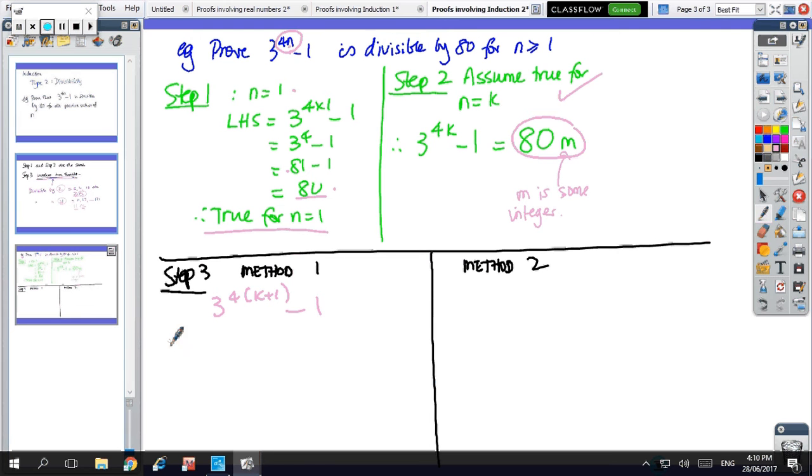So the next step is we've got index laws. I'll do it in steps: 4k plus 4 minus 1. So I've got 3 to the 4k, and that's going to be multiplied by 3 to the 4, because if you have a multiply, then you add the indices.